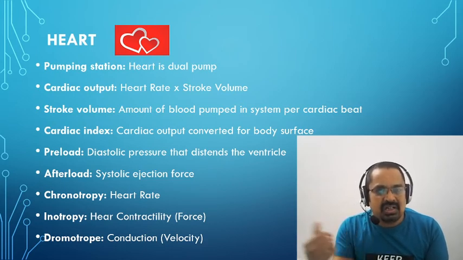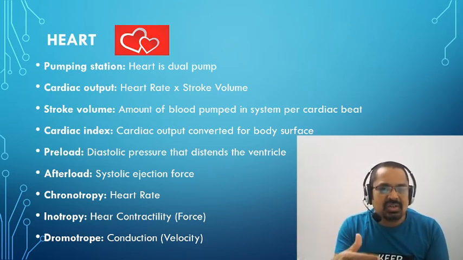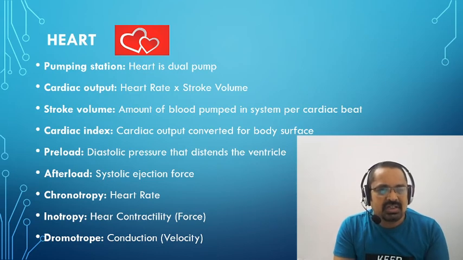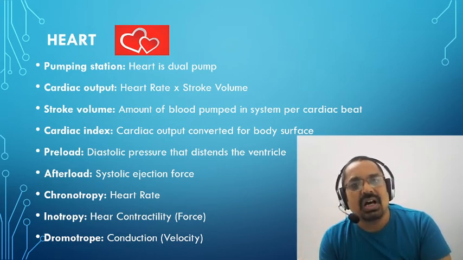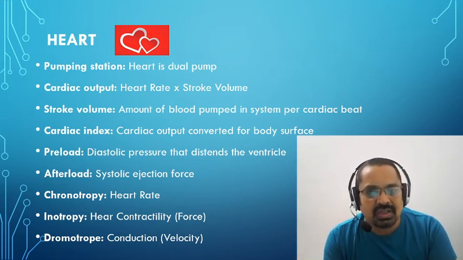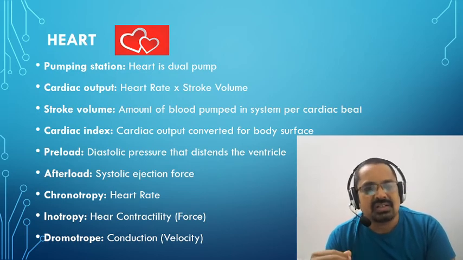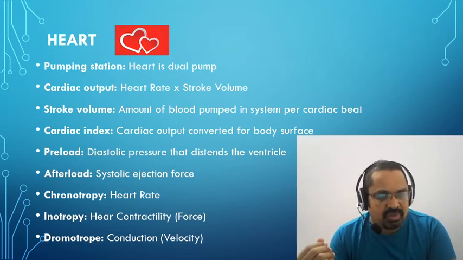If it is related to the rate of the heart's contraction, then it is always chronotropic. An increased heart rate is called positive chronotropic. When there is a decrease in heart rate, it is termed negative chronotropic.